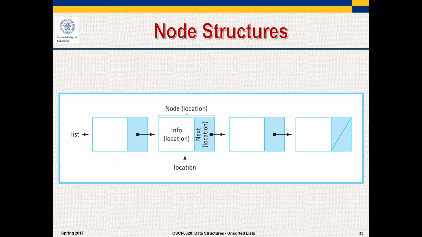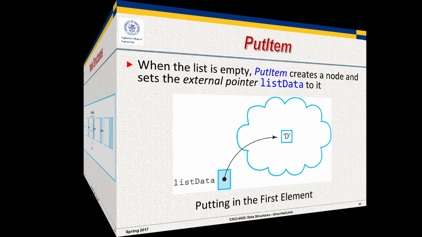Lastly, at the very end there is the fourth node in the list. The next pointer is of course null, which indicates the end of the list, and we usually show that as a slash through the address part of the node.